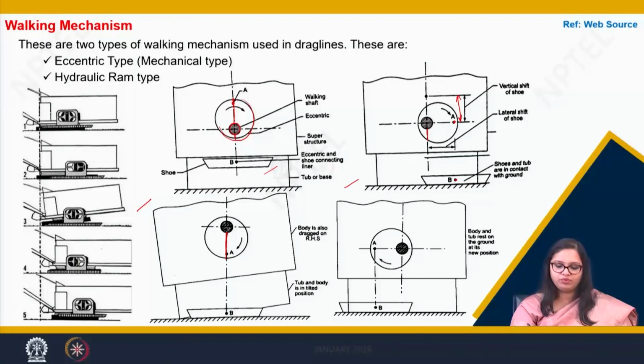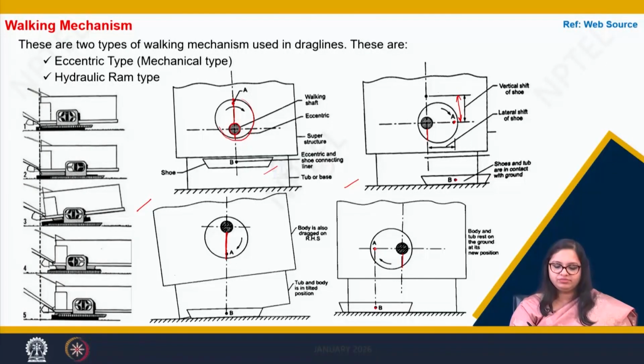Now, again the point A would rotate and come to horizontal minus position. So, again the distance decreases and now the point B has shifted back. It is something like the heel is lifted and then again you put down your feet.